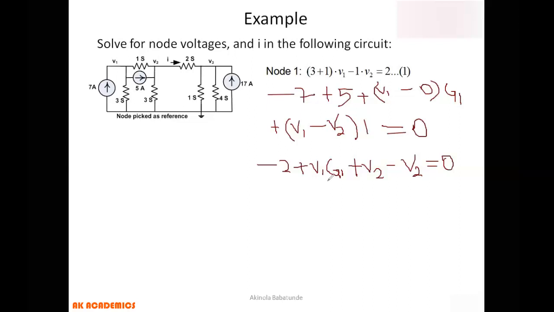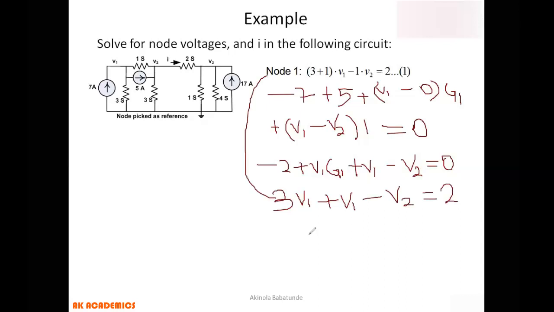So you can say that our G1 is 3, so you are left with 3 V1. What's our V2? We don't know V2, so you have minus V2. So from 3 V1 plus V1 minus V2, this would be equal to 2.